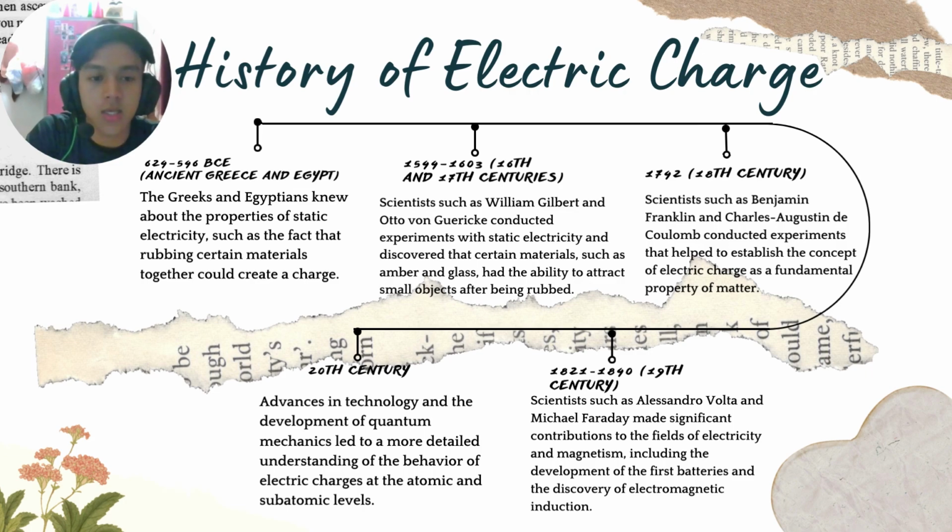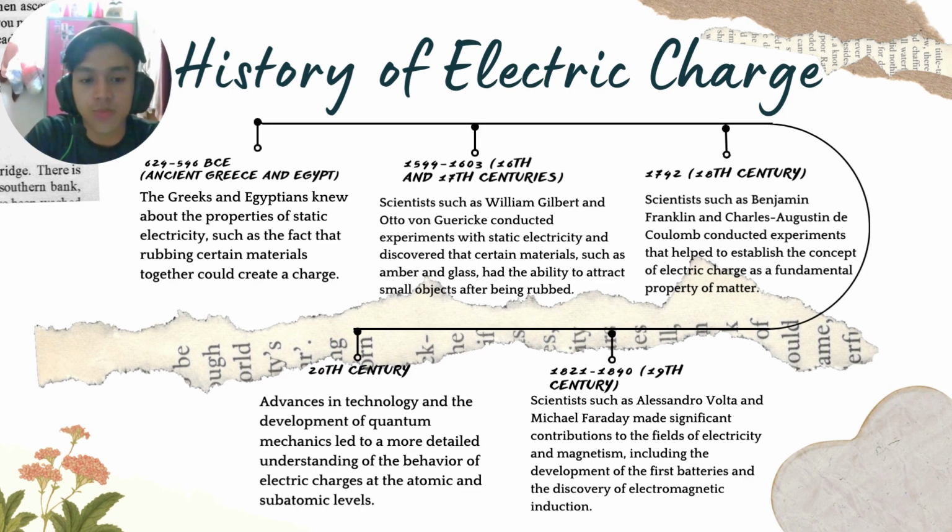After that, in the 18th century, which is in year 1742, scientists such as Benjamin Franklin and Charles Augustin de Coulomb conducted experiments that helped to establish the concept of electric charge as a fundamental property of matter.